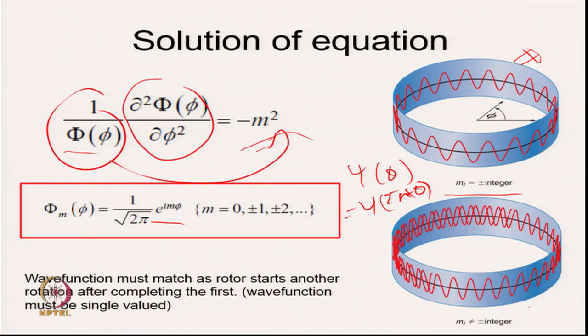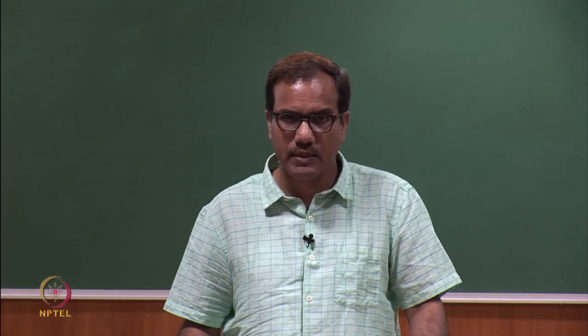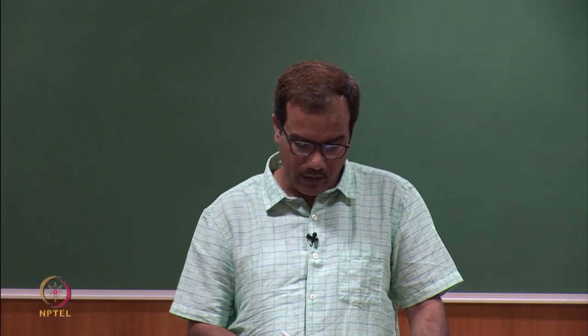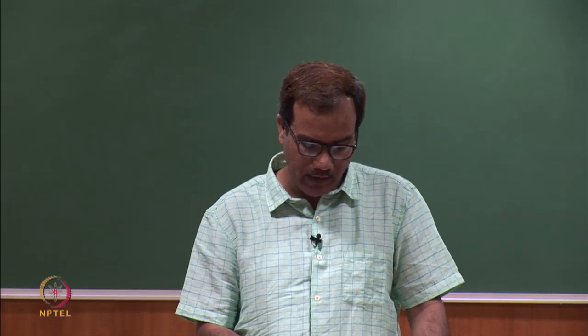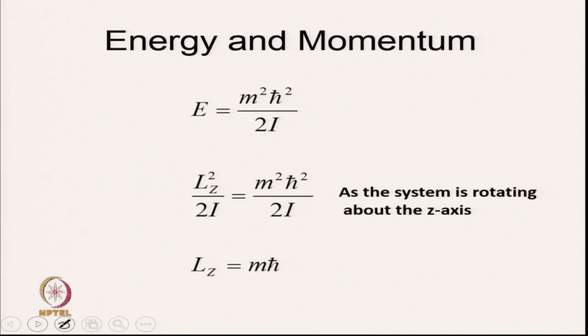Psi is not matching after one rotation, and thus m can take only some specified values, and since energy is dependent on m, your energy has specified values, and that is why you say that the energy of rotational levels is quantized.